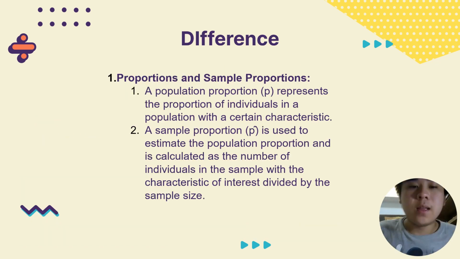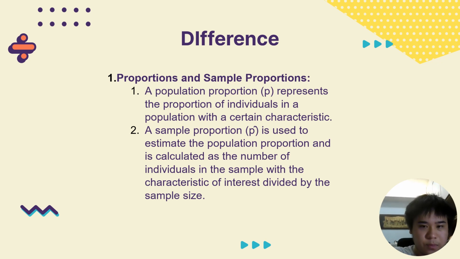Now, difference. The main difference between population proportion and sample proportion is that a population proportion represents the proportion of individuals in a population with a certain characteristic.